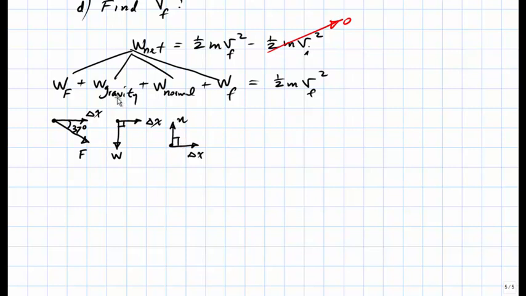So the weight and the normal are not doing any work at all. Friction is directed to the left. The displacement, on the other hand, is directed to the right. The angle between those two is 180 degrees.